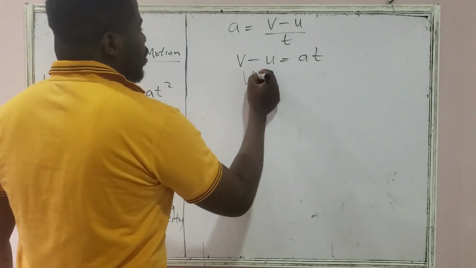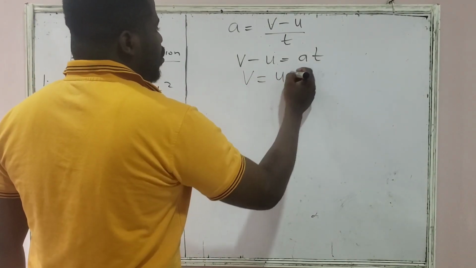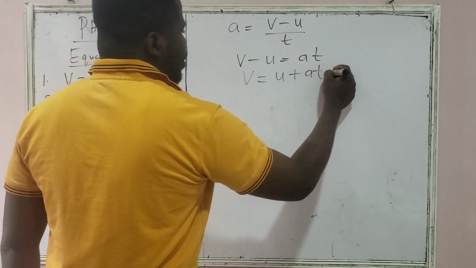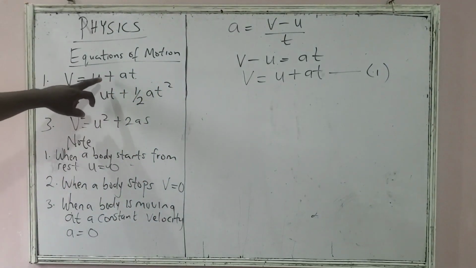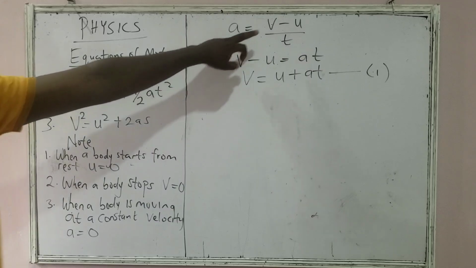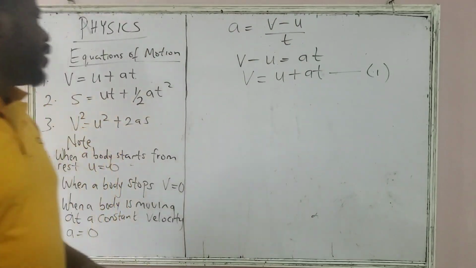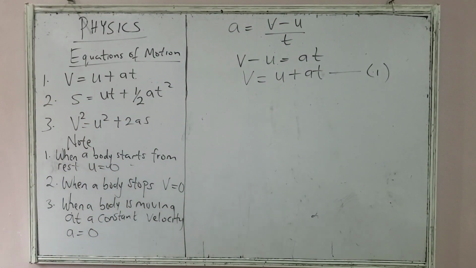And then when we make V the subject of the formula, we have V = U + AT. So this is the first equation of motion. This is how V = U + AT is derived.